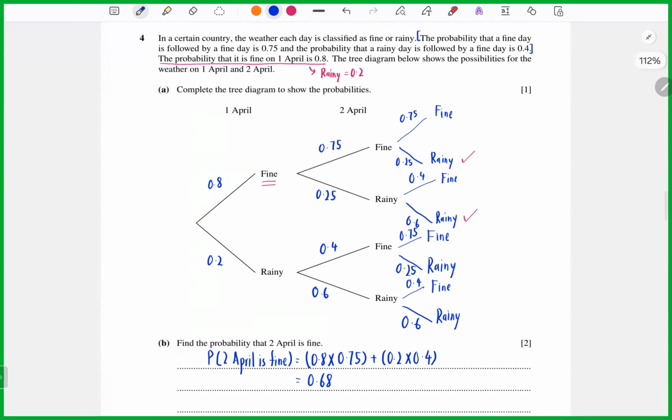We focus on the third April being rainy, so 1, 2, 3, 4. For these two parts, we already calculated in question 4C, so you can take those answers and add both probabilities here.